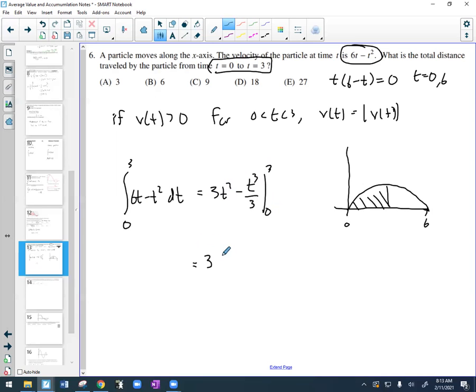I have 3 times 9 minus 27 over 3, which is 27 minus 9, which is 18. Which is right here. So in this problem you didn't actually have to do an absolute value by hand, but you had to consider that it might be an absolute value there.